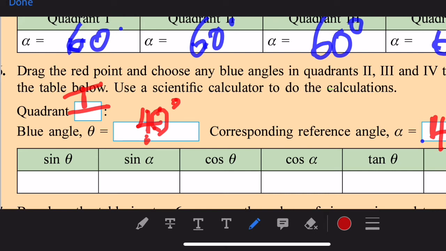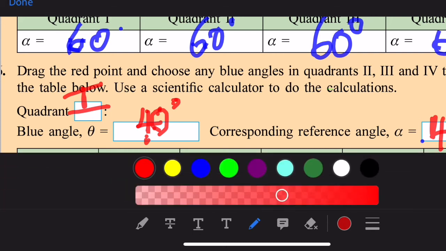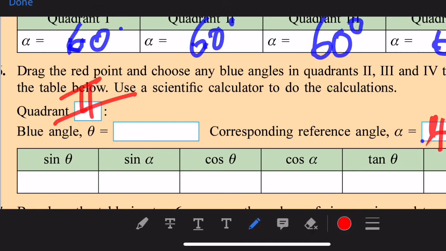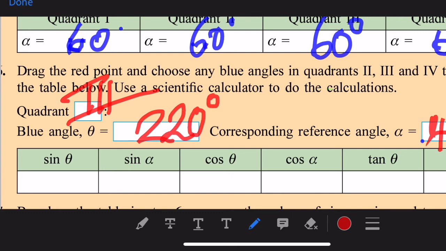Now I adjust to the second quadrant with reference angle 40, and I get 140. If I change to the third quadrant, the blue angle is 220.